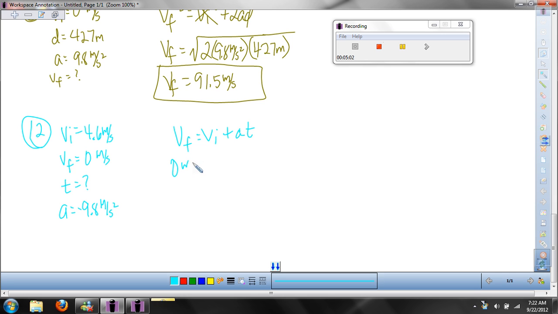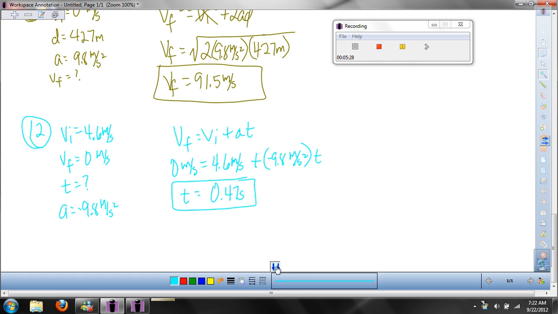So 0 meters per second equals 4.6 meters per second plus negative 9.8 meters per second squared, t. So to get t, I took 4.6 and brought it over here, made it negative, divided by negative 9.8, solved for t, got 0.47 seconds.